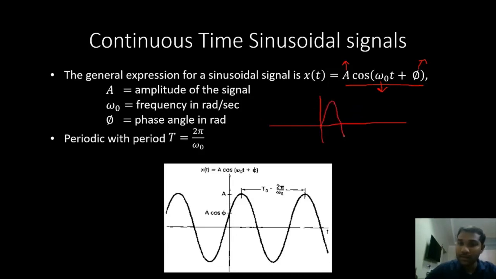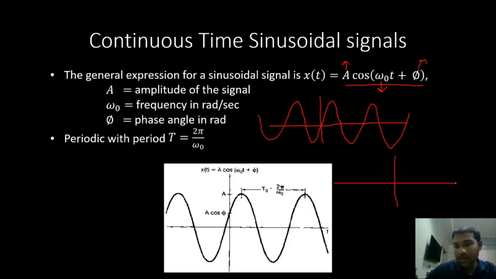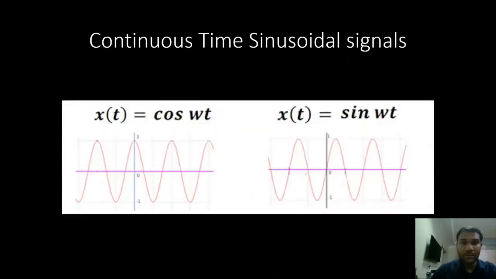So sine looks like this, and cos looks like this. The same thing we'll show in the next slide. Cos omega t, at 0 it has a maximum amplitude and then gradually decreases.